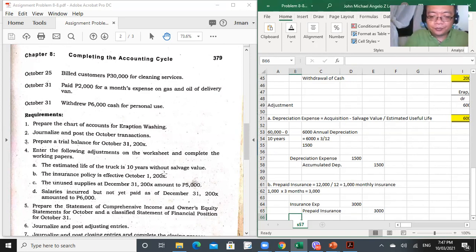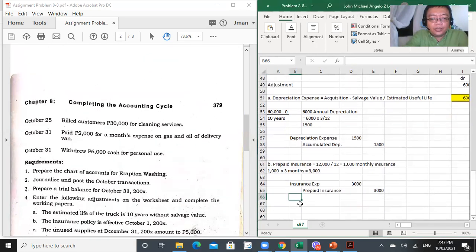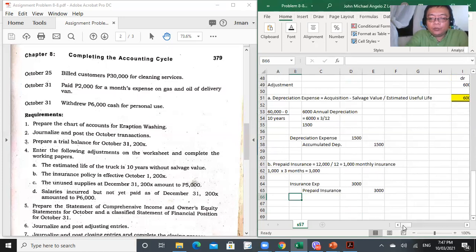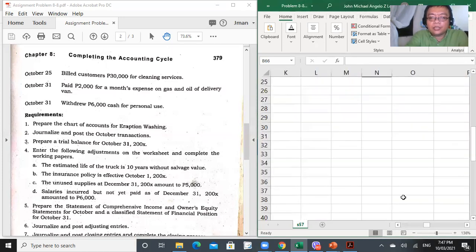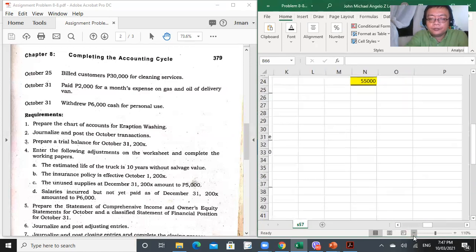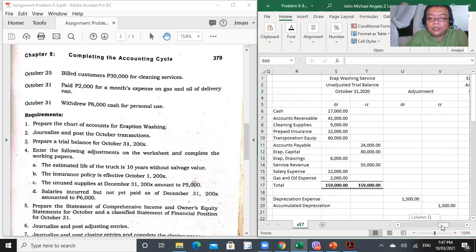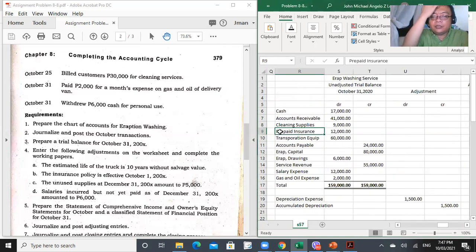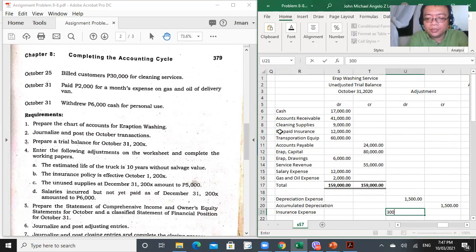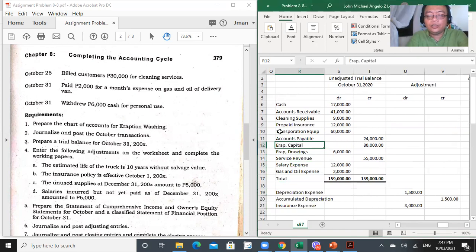So again, in terms of your problem, of the 3,000, since there's already a prepaid insurance here, we don't have insurance expense yet. So we put here insurance expense, which we debit, 3,000.